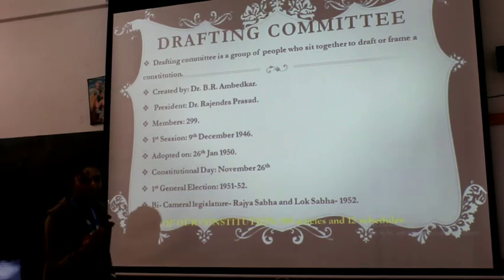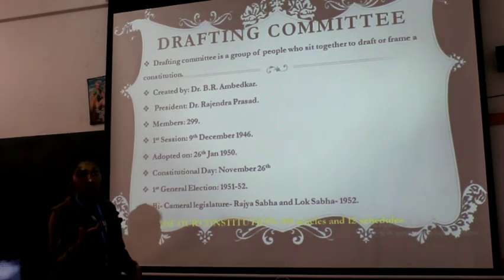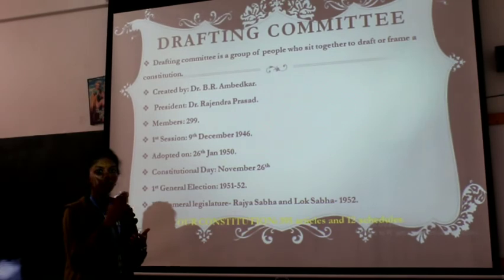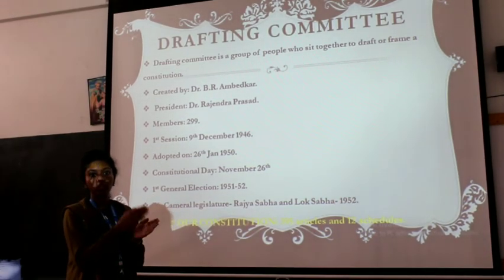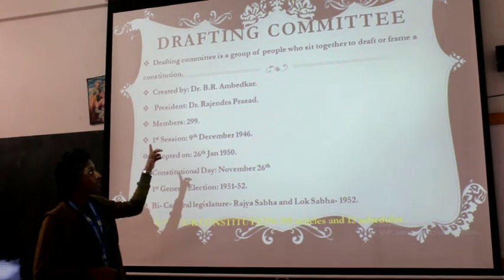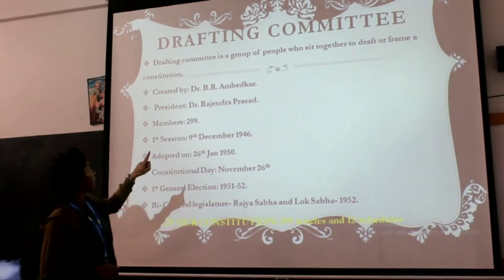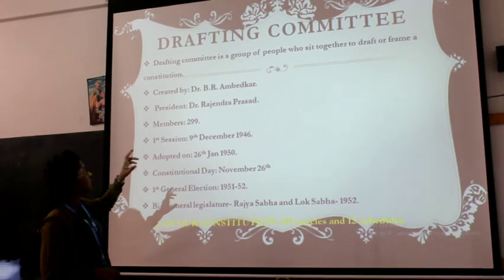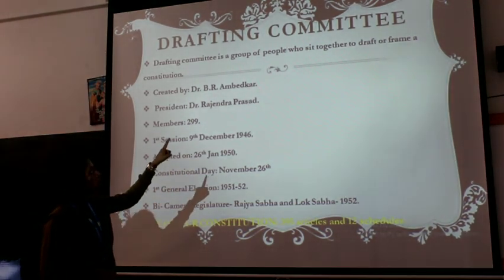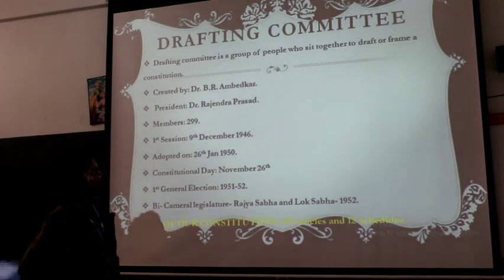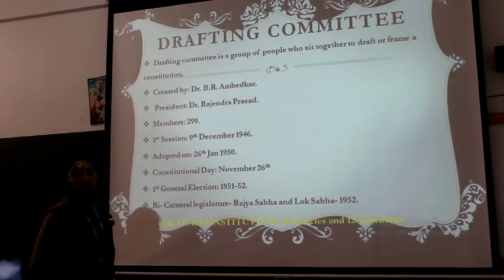Even your textbooks, you all are looking at your textbooks. Before your textbook could be published, you all will have a draft copy, which is a sample of everything. So a drafting committee was set up. Drafting committee is a group of people who sit together to draft or frame a constitution.